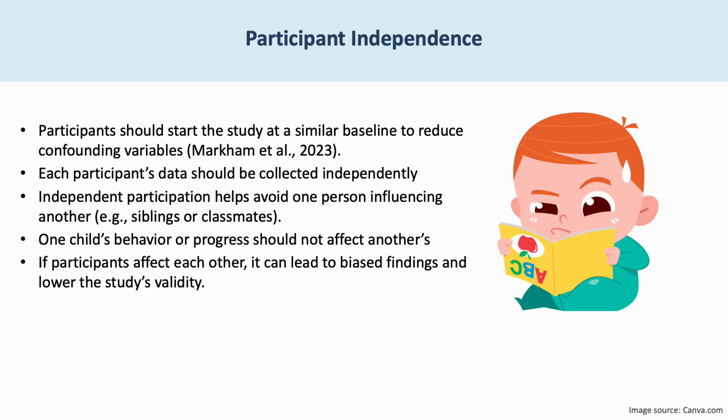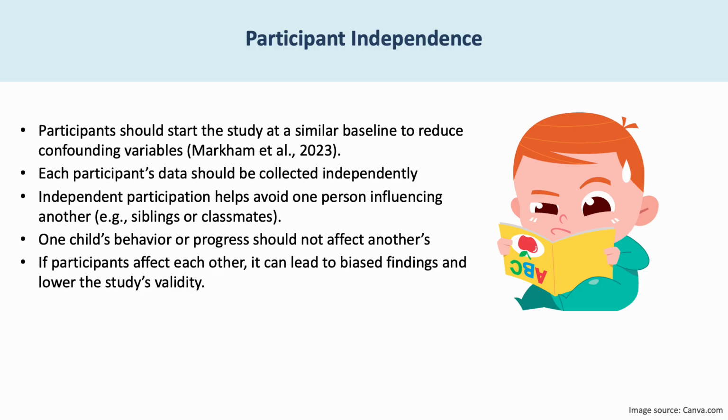Next is participant independence, and this assumption covers two important ideas. First, we want our participants to begin the study from a similar starting point or baseline, and this was also described in an article by Markham and colleagues in 2023. This way we can better understand how the intervention is affecting them without too many outside differences getting in the way. Second, it's important that each participant takes part independently.